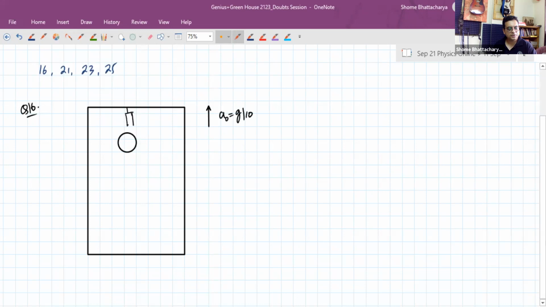So basically what the spring balance ends up reading is the tension in this thread. The tension in this is, let's say, T naught. Then T naught will be the reading of the spring balance.